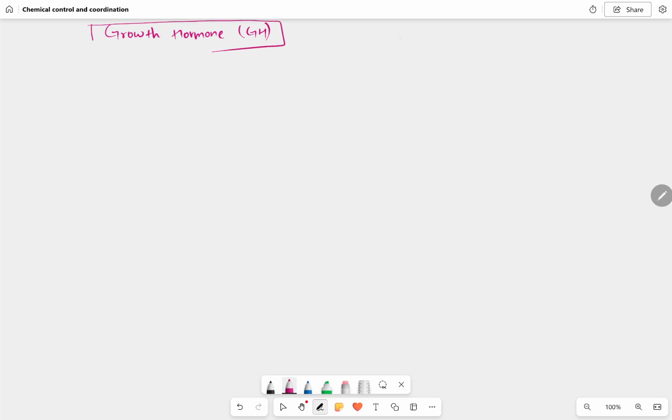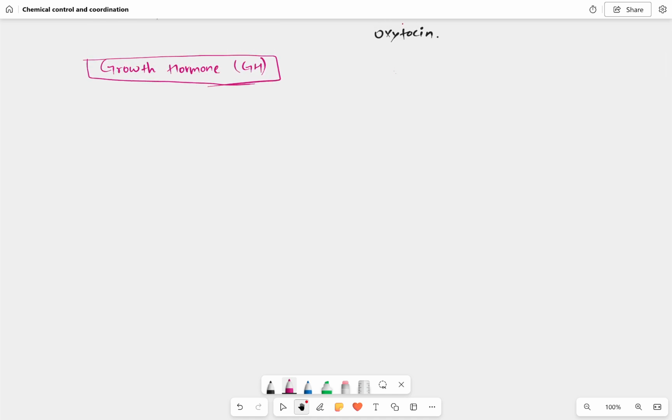As the name suggests, it has a direct role in the growth of an individual. Growth hormone is secreted by the anterior pituitary. So our goal is to study the hormones of the anterior pituitary.